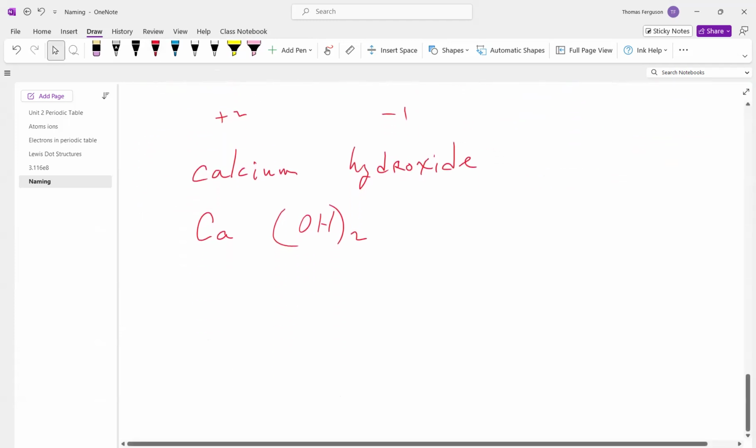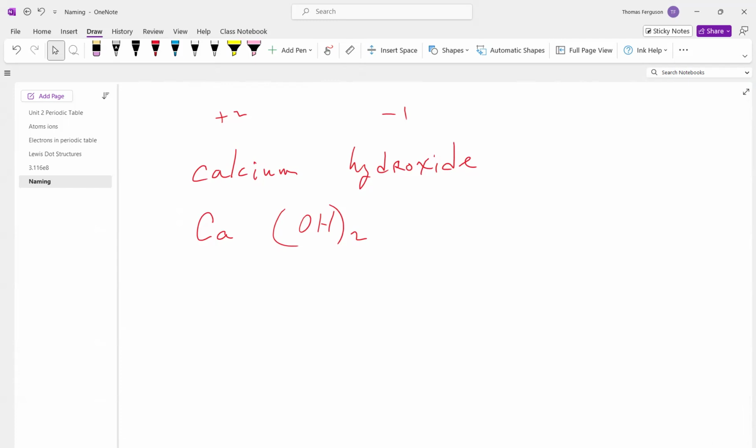Now, sometimes the elements that are in the middle have multiple ion versions. So if you look on the left, we go down to nickel, for example. Nickel exists in about 5 different versions.